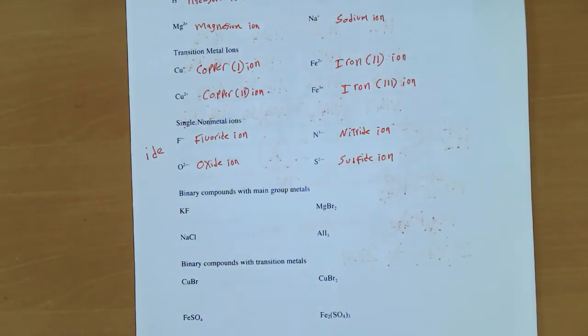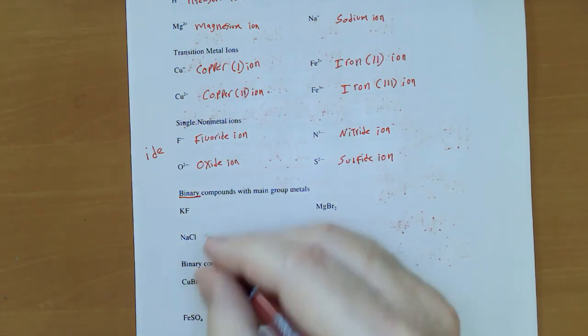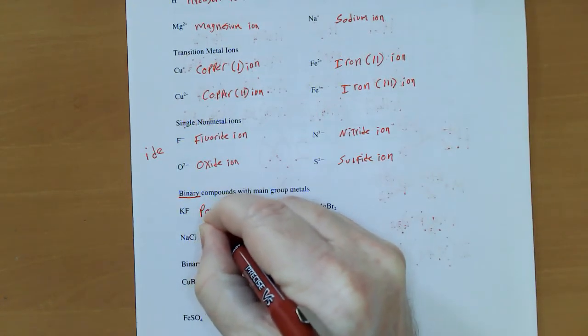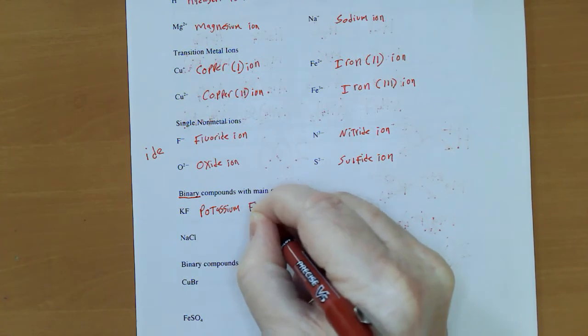Okay. Now, when you put ions together, they form what we call binary compounds. Binary meaning they're made up of two parts. You just put the two names together, but we don't use the word ion anymore because they're not charged. This is potassium fluoride.